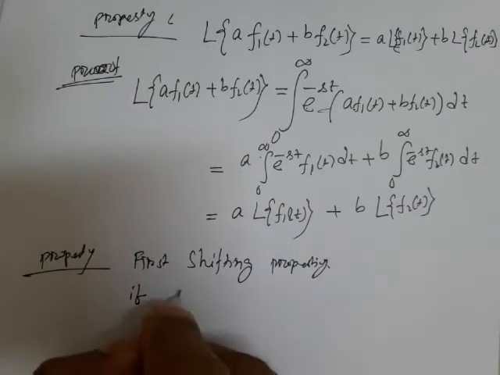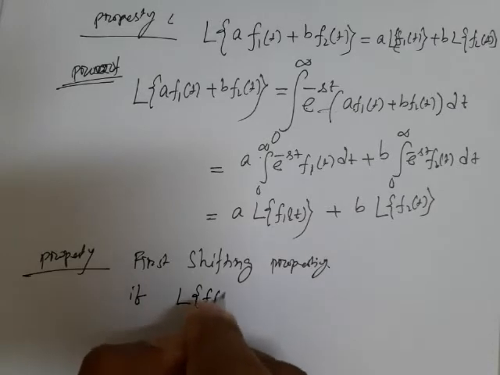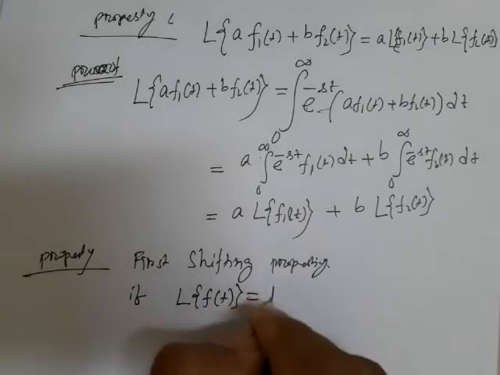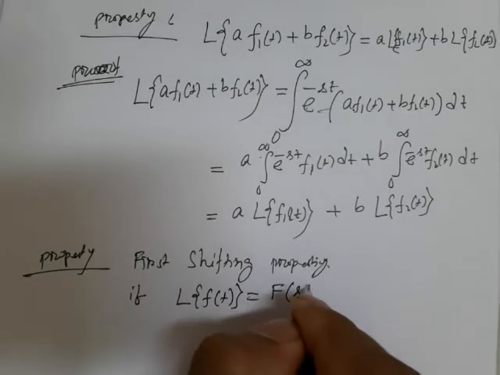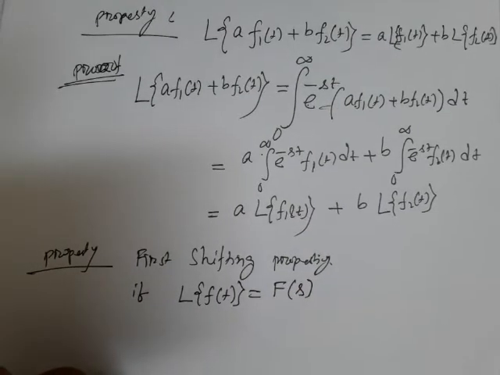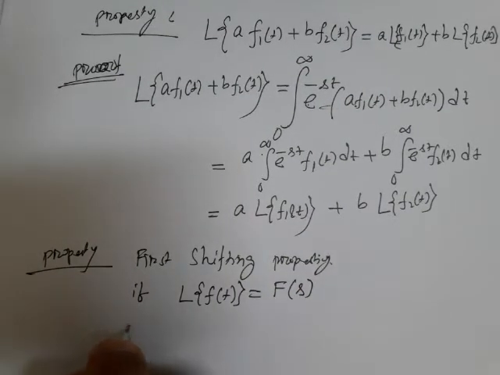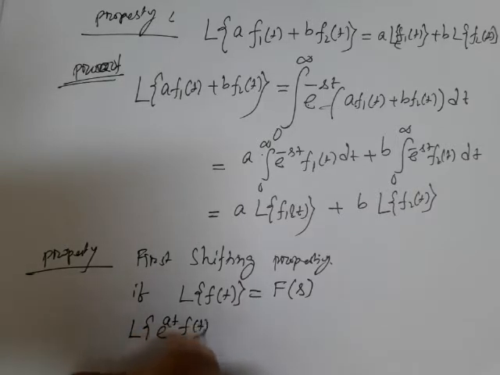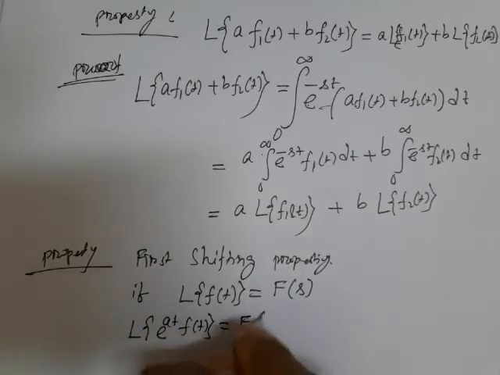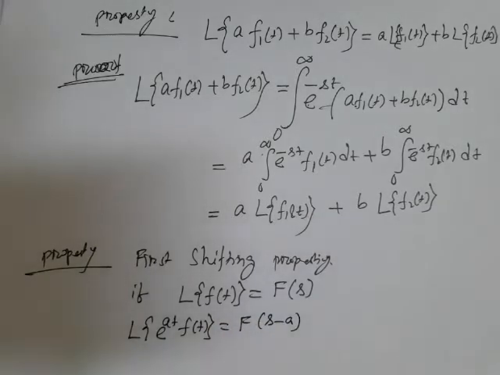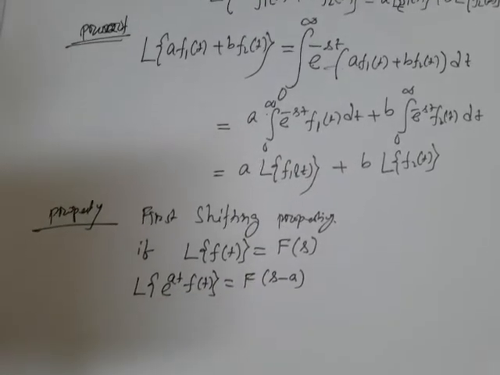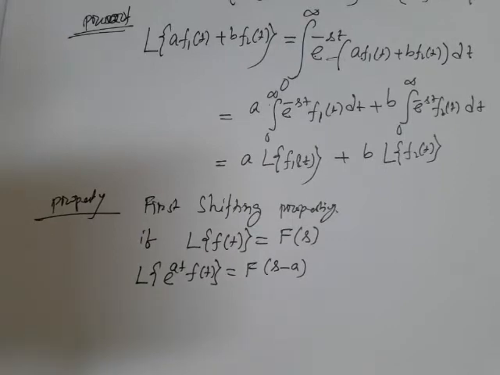If L of f(t) equals F(s), then L of e power at f(t) equals F(s minus a). This is called the first shifting property.